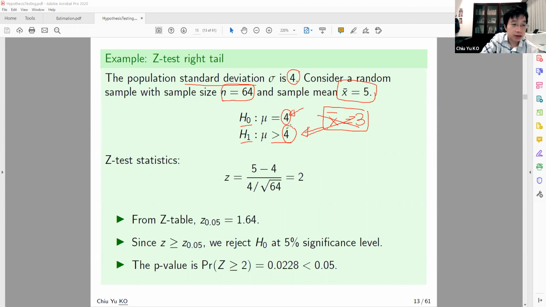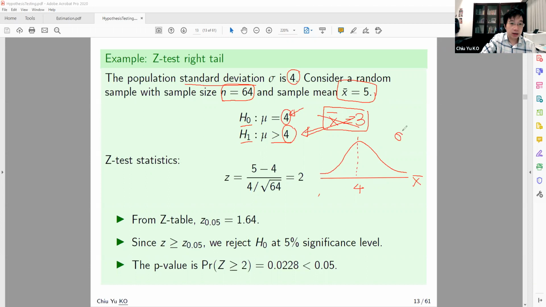So let's see what this is, right? Assume this is true, okay? So this is the distribution we have, x bar, okay, with mean 4, okay?